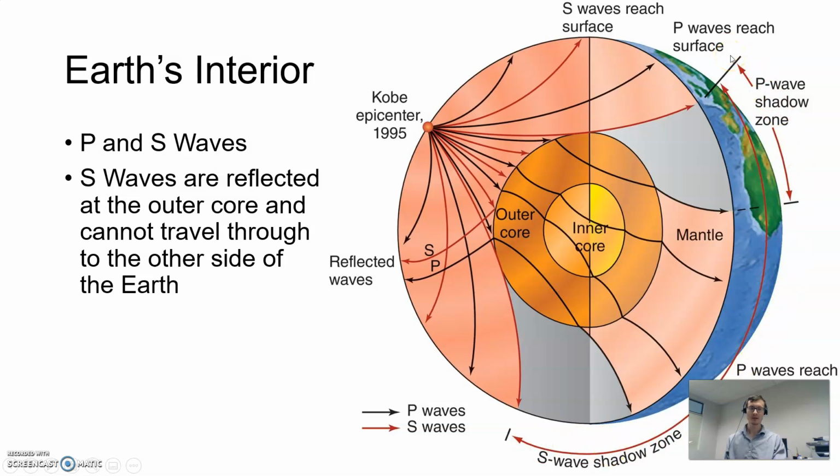And you would think, well, why would there be this, the P-wave shadow zone, considering that P waves go through solid and liquid? Well, whenever a wave like this passes into a medium which is not like what it's traveling through, right? So here, going from something which is mostly solid to something which is entirely liquid, it deflects.